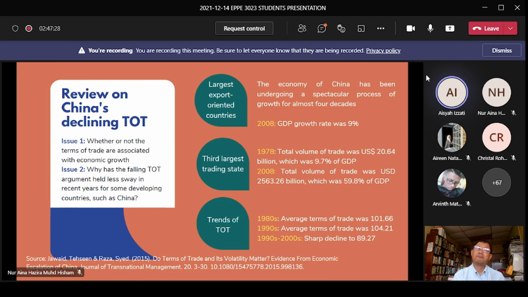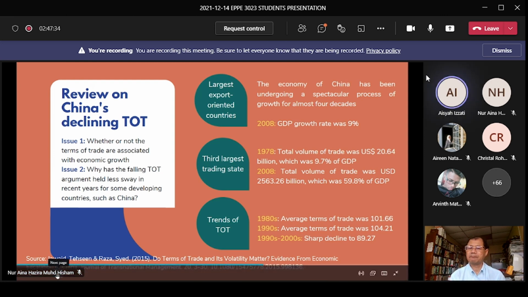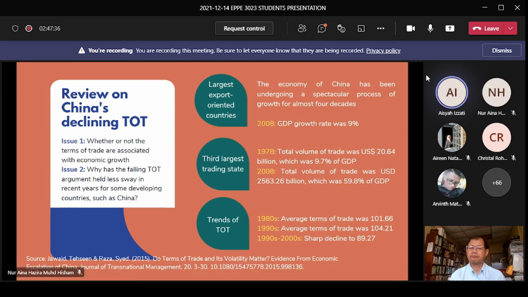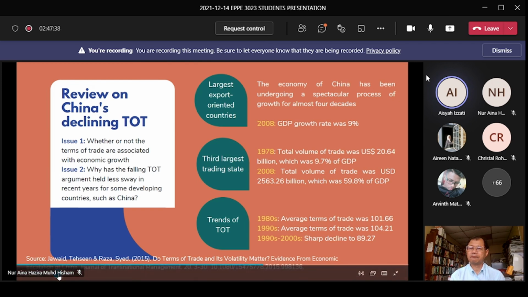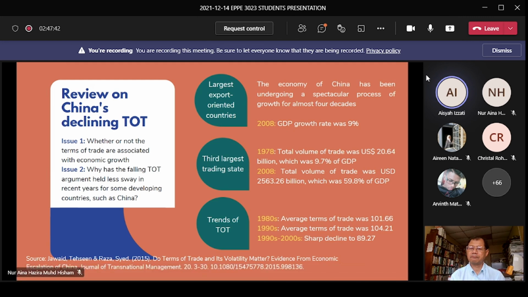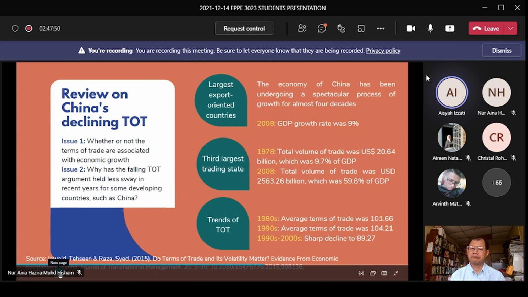Next slide, I will talk about the study by Deadweight, Tassin and Raza, on the terms of trade and its volatility matter, evidence from China. Okay, next slide.